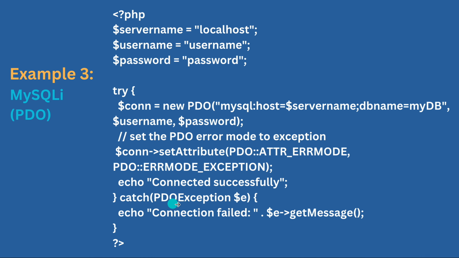Where will this exception go? PDO exception, and it will display some message. So when you deal with PDO, you have try and catch, if you want to handle errors. This is the good offering by PDO.